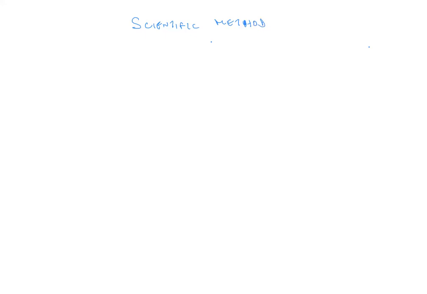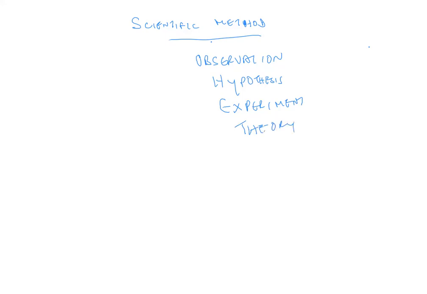The scientific method consists of an observation, and you make a hypothesis after making the observation, carry out an experiment, so all these steps are going to be included in the scientific method.